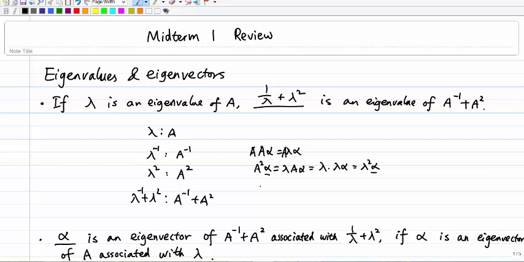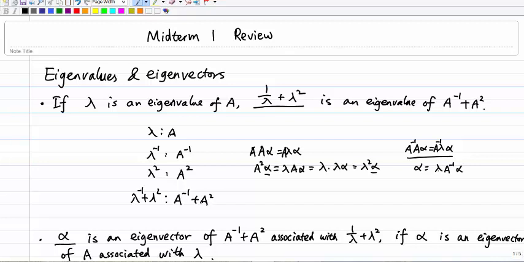You can also do the same with A inverse. If I have A alpha equal to lambda alpha, you can also multiply both sides by A inverse. That gives alpha equal to lambda A inverse alpha.